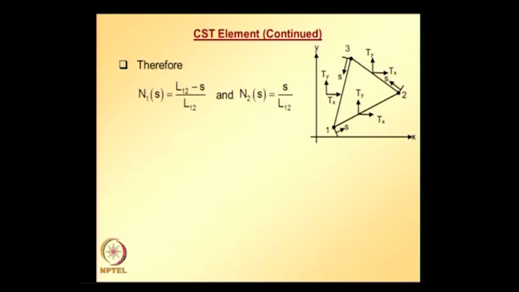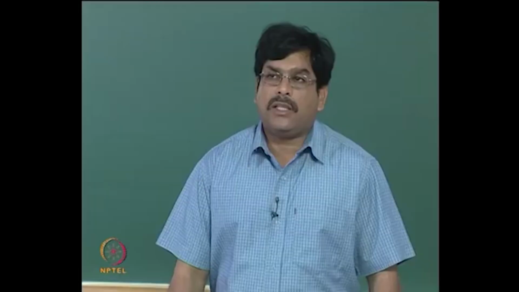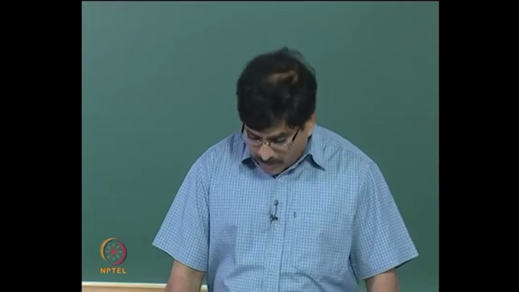Here L12 is nothing but the length of side 1 2, the length of the line segment joining nodes 1 and 2, and again the shape function of node 3 along this side is 0.